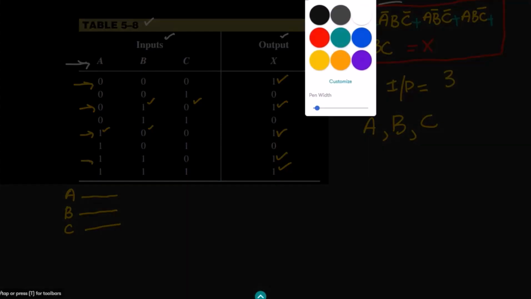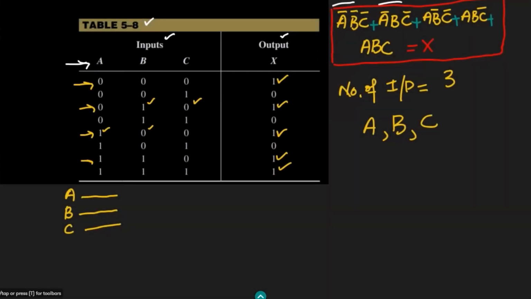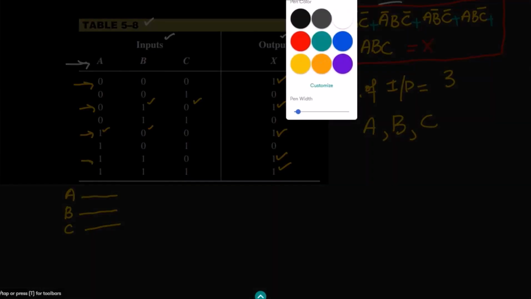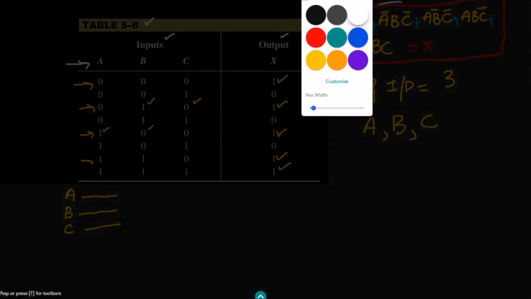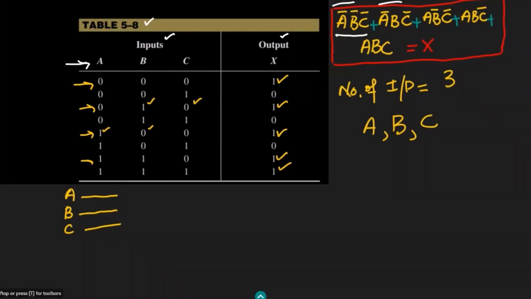For the first expression, let me draw it using this white color. That is A complement, B complement, C complement. In order to complement, I will use the gate which is the inverter. So I will have the inverters here, and the outputs of these inverters are A complement, B complement and C complement.